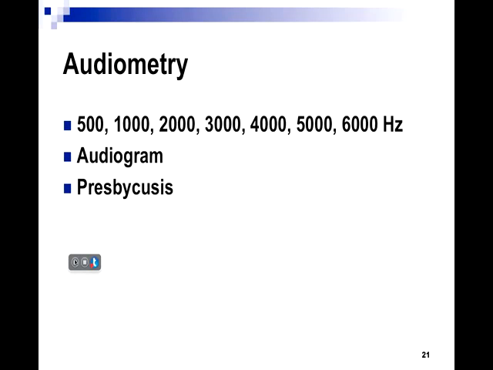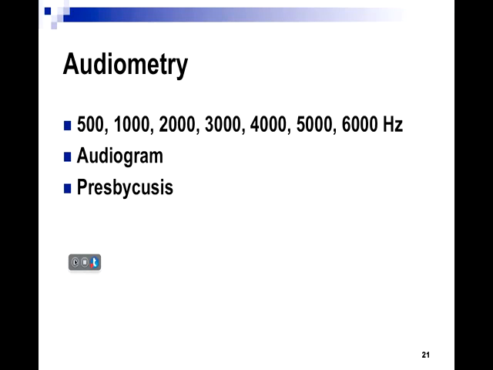Now, if you do an audiometric examination, and probably most of you have done internships where you've had to do audiometry and have an audiogram generated, what will happen is you'll be in a booth putting on some headphones, and then they'll start, usually with each ear, putting out sound at a specified frequency. Typically, audiograms go from 500 to 6,000 hertz.